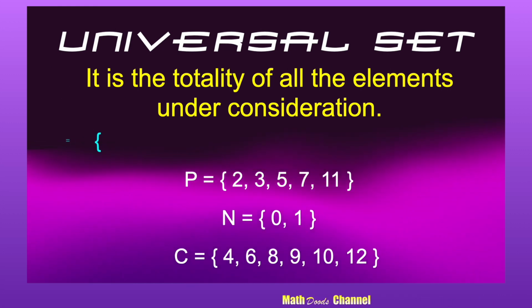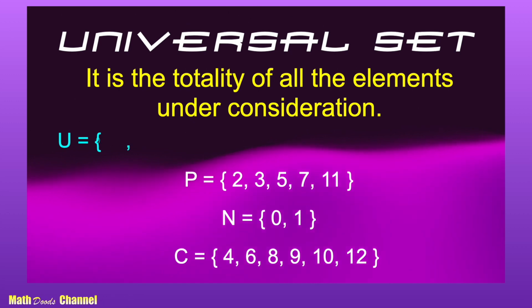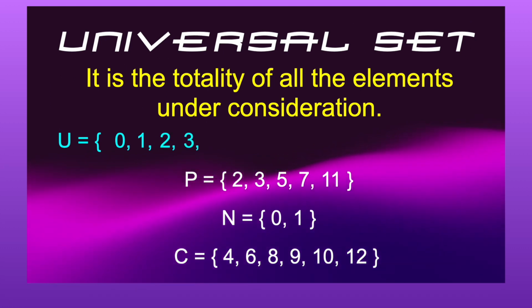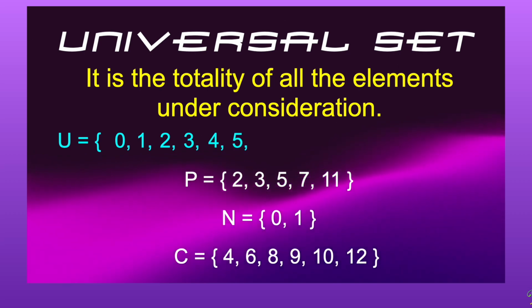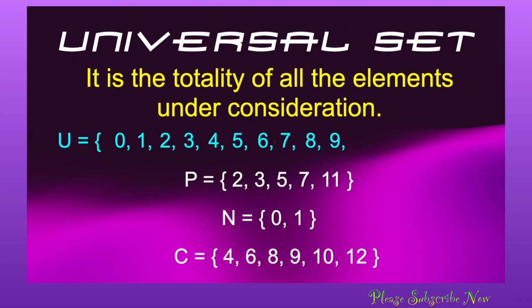So we will list all the elements of the universal set. So we will begin with 0, 1, 2, 3, 4, 5, 6, 7, 8, 9.